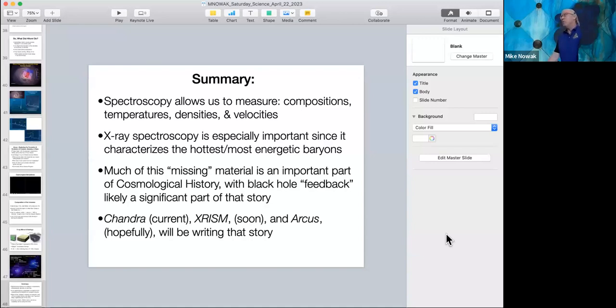Cygnus X1 was detected around 1970 in the X-rays, and it was fairly quickly decided that it was likely to be a black hole based upon the brightness of the X-rays and the rapid variability of the X-rays. The earliest things were rocket flights, doing things in the 2 to 10 kilo electron volt range. But Cygnus X1 is so bright that it was relatively easy to see with a fairly small detector.